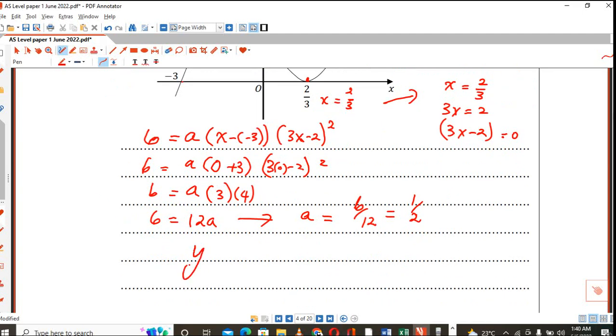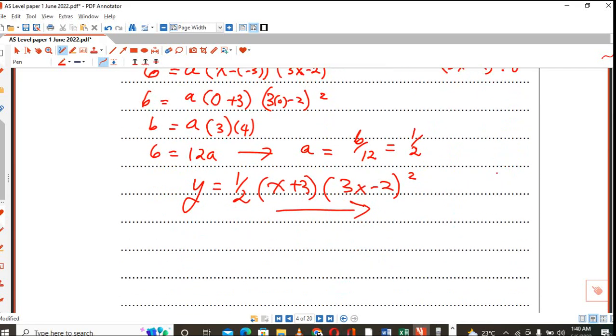Okay, right. Now my equation, finally, you can write like this. You can say y equals 1/2, in bracket, x plus 3, and the other one is 3x minus 2 all squared. This is also an acceptable answer. Then you can still go ahead and do other things, like people can go ahead and work out, calculate. I can accept answers like y equals 4.5, perhaps, x cubed plus 7.5x squared minus 16x plus 6.